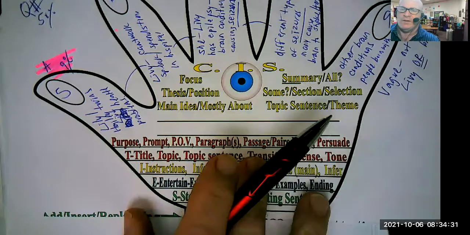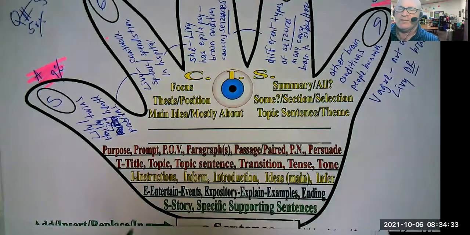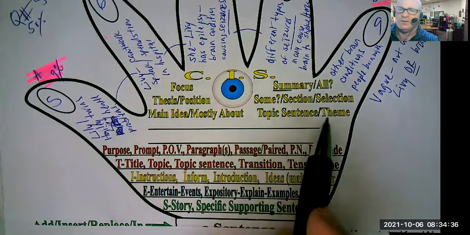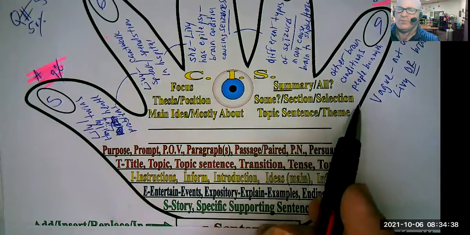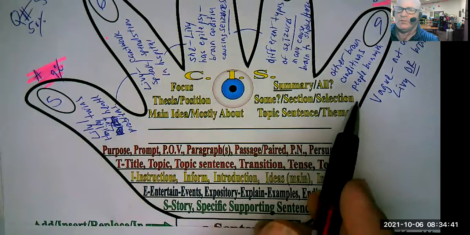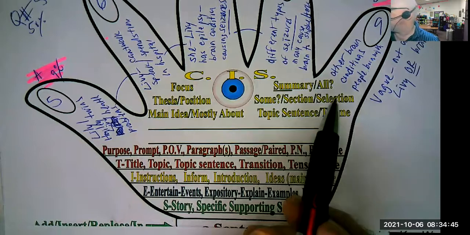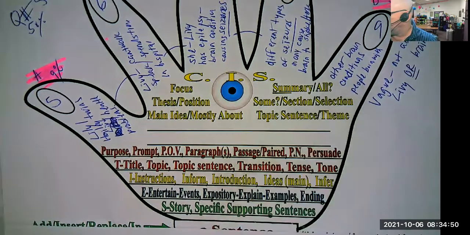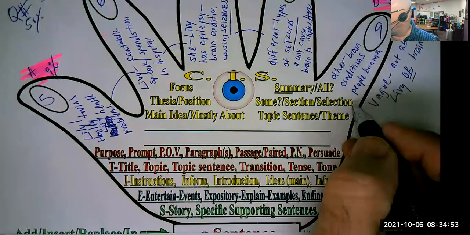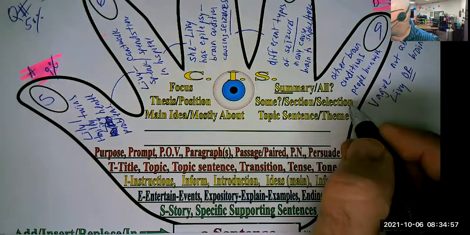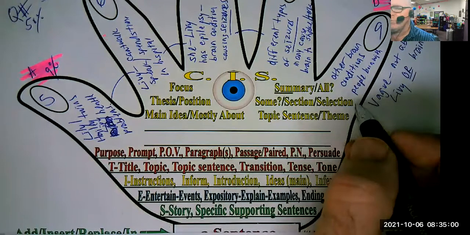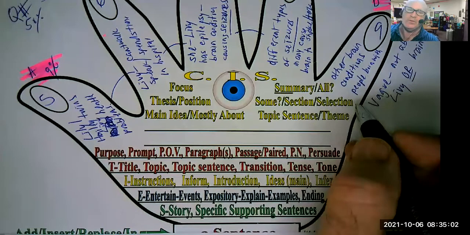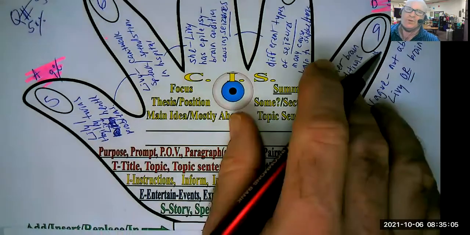I have an updated version of this where I've added a scene from a play, and also one more word, but I'll show it to you in another video. It's not relevant to this one, so I was using this older one.